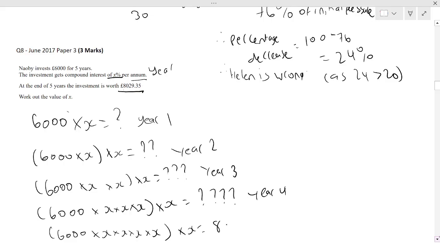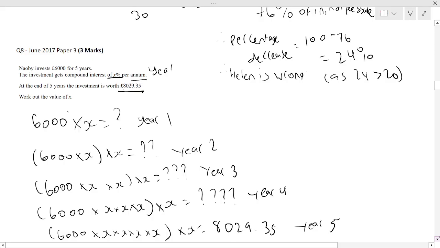This is now 8,029.35, and that's year 5. Okay, so what we can do now is simplify this. So 6,000, then we times x by itself 5 times, x times x times x times x times x. That's going to be times x to the 5.